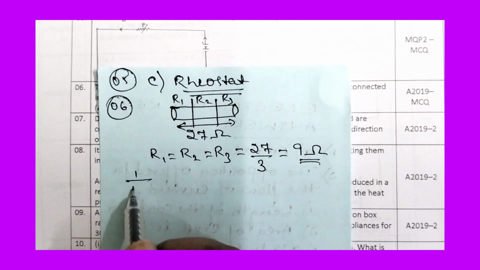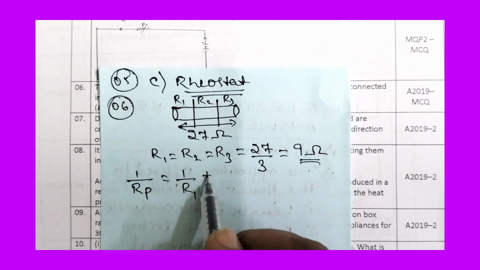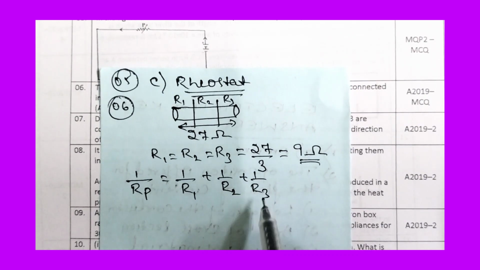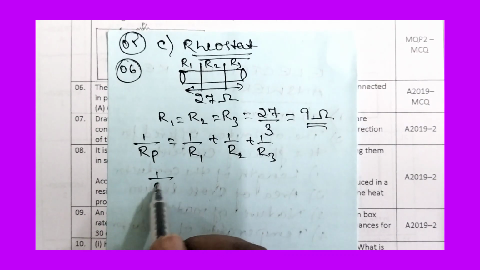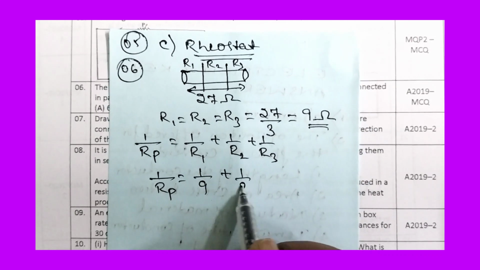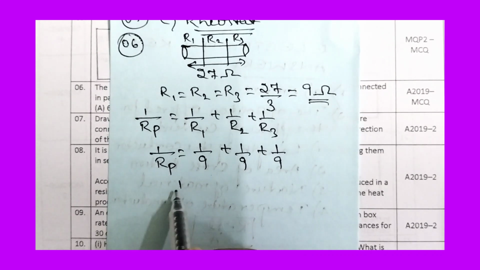So when connected in parallel, 1/Rp is equal to 1/R1 plus 1/R2 plus 1/R3. So 1/Rp is equal to 1/9 plus 1/9 plus 1/9. 9 is the resistance of each resistor.